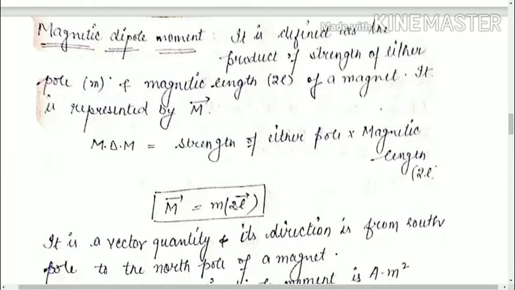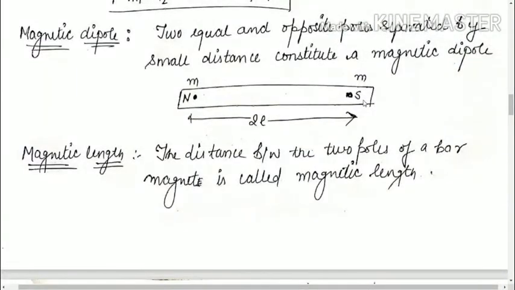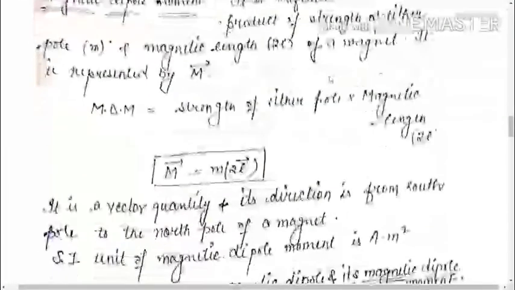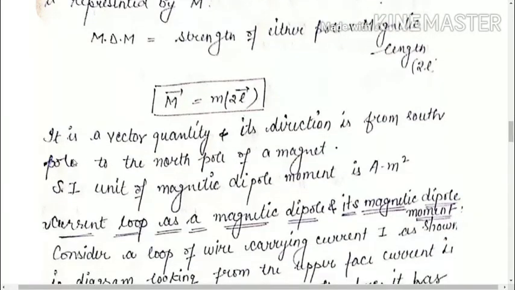Make sure the strength of the pole is the same, here is also m, here is also m. That is why we are taking only one side, the strength of either pole and the distance between them, and the product of the two is called the magnetic dipole moment, and it is a vector quantity. Its direction is from the south pole to the north pole of a magnet.